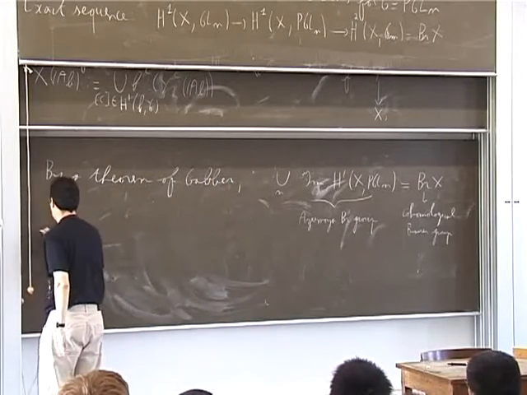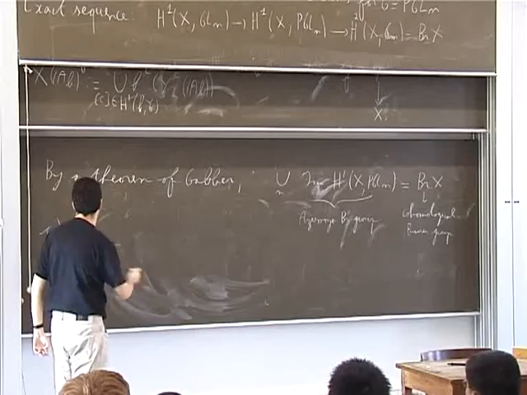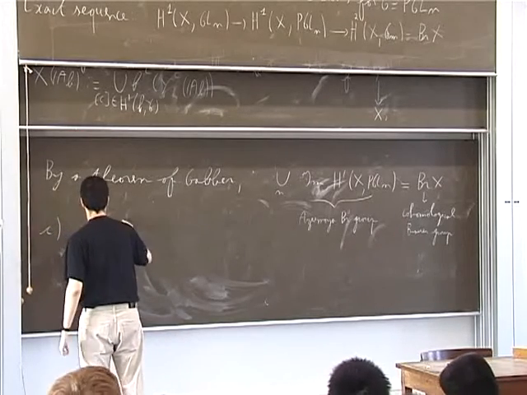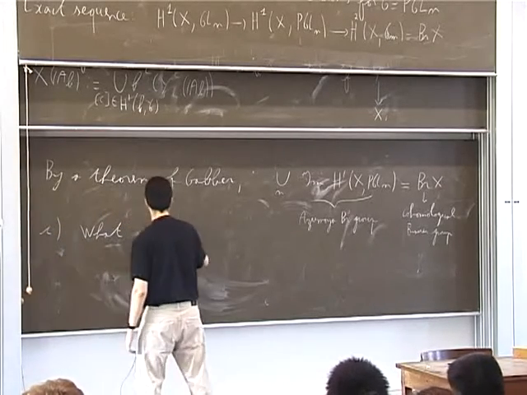And so finally, now, you can ask the question, what if G is finite and non-abelian?